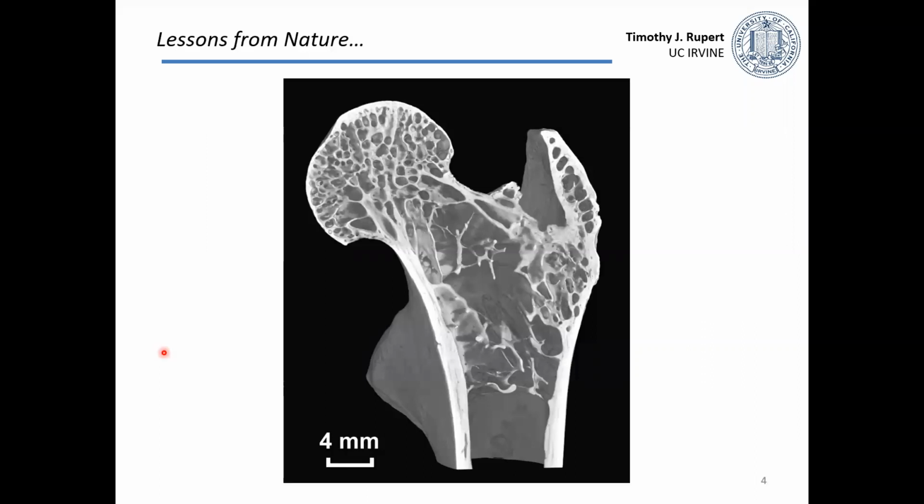And I just want to bring up an interesting example from nature before we move on. So nature is actually pretty ingenious. If you look at your bones, you can see evidence of a material which has evolved and is actually living and sort of redesigns itself based on its usage. So this is a cut through a chunk of your bone. This is your hip joint.